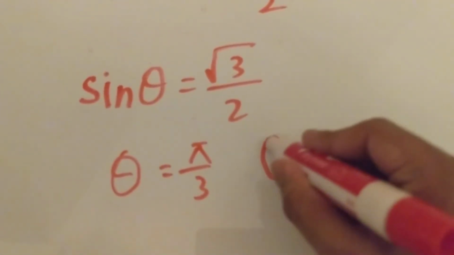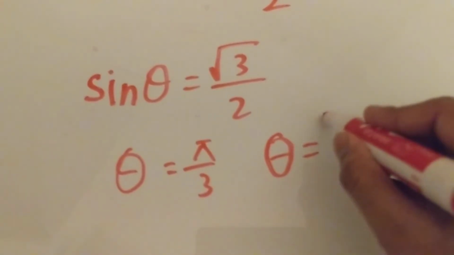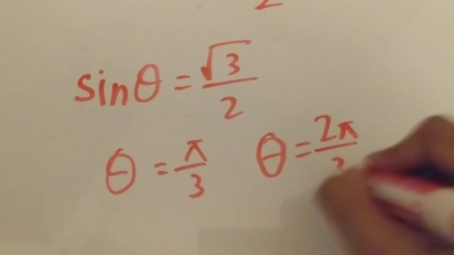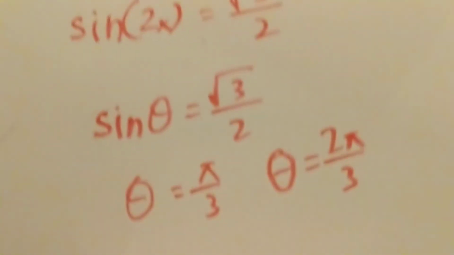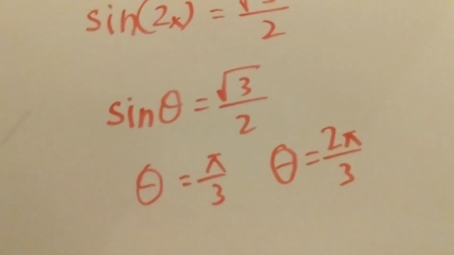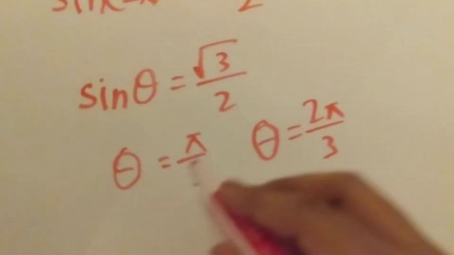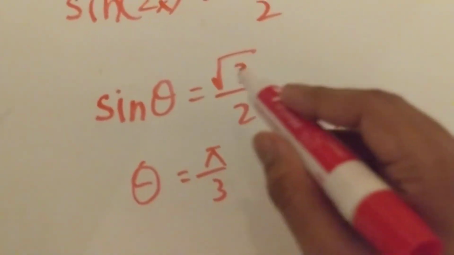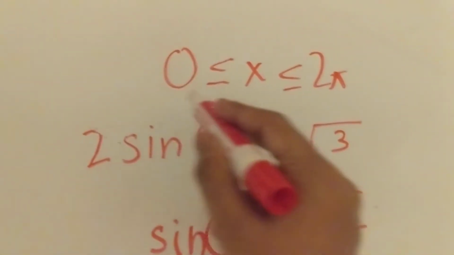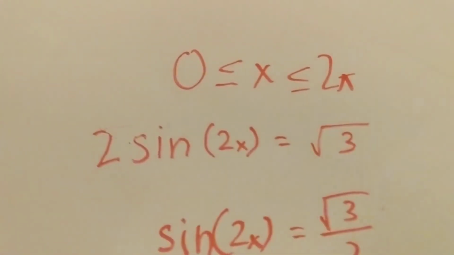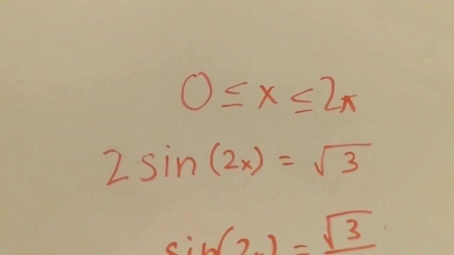You may also know it might equal 2 pi over 3. You can try solving it in your calculator or using the unit circle, which I think is the preferable method. But both of these will equal root 3 over 2. So does that mean they're both the answers? Well, yes, actually, because it does fall in this range of 0 and 2 pi.